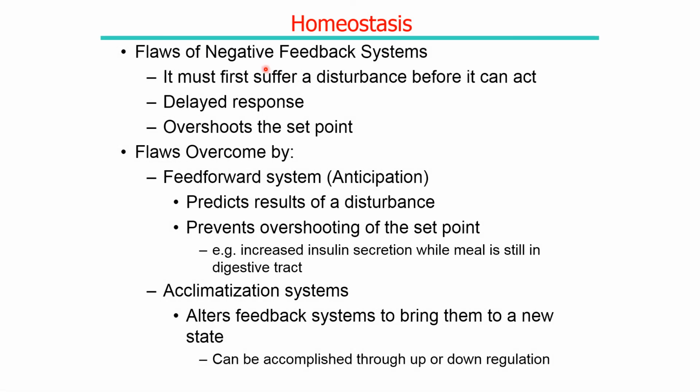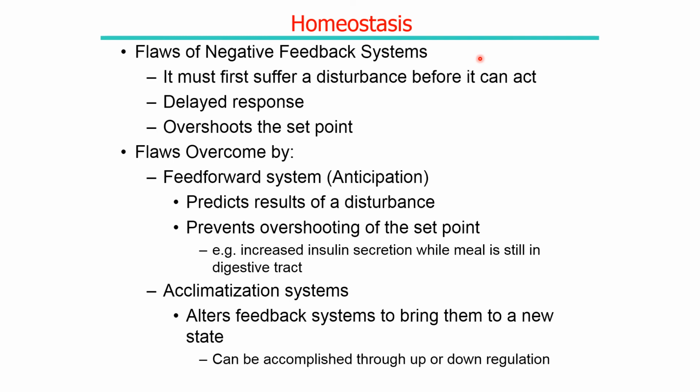As we know, the maintenance of homeostasis is responsible for the survival of regulators, that are the animals that regulate their internal environment, and the system that is maintaining homeostasis is the negative feedback system. But the negative feedback system has flaws that risk the life of animals.